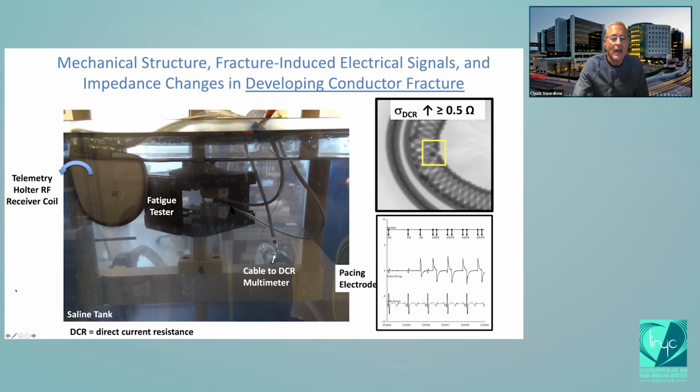And the way we did that was we put the lead in one of those testing apparatuses, except instead of showing you the testing apparatus in air, we waterproofed it and dunked it in a saline bath. And then instead of taking a little segmental lead, we took a whole lead, and we connected it to a defibrillator, connected the electrical circuits, and we recorded the electrical signals out of there.